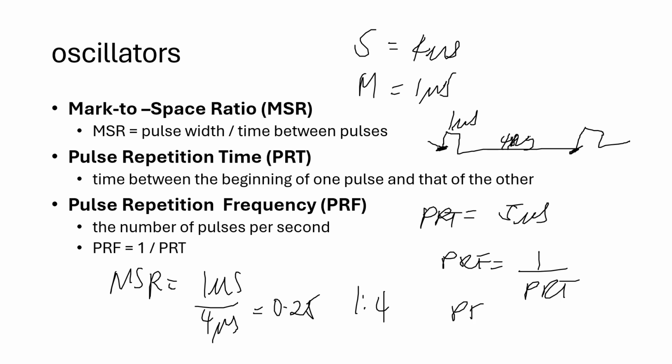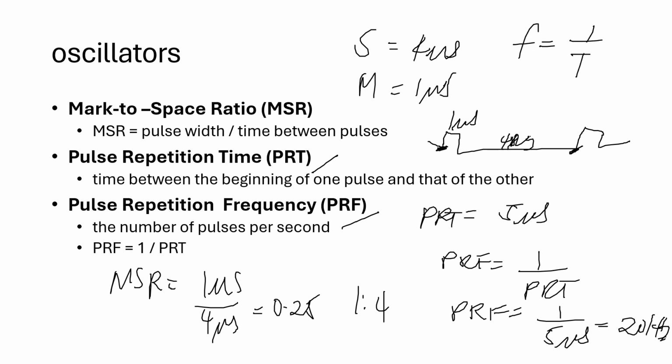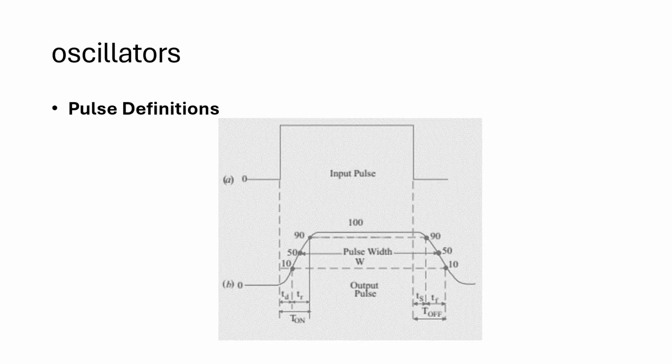So your PRF, or pulse repetition frequency, is equivalent to 1 over 5 microseconds, and that will be 200 kilohertz. Pulse repetition time is in terms of seconds, while pulse repetition frequency is in hertz. As we all know, frequency is equal to 1 over time, or period is equal to 1 over our frequency.